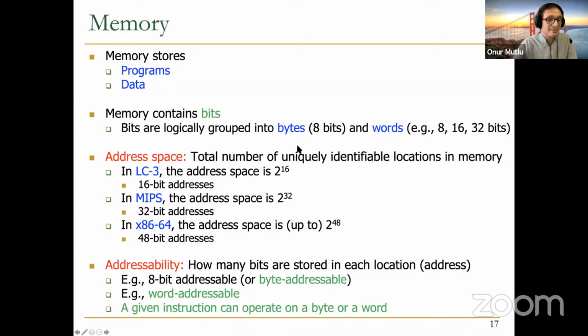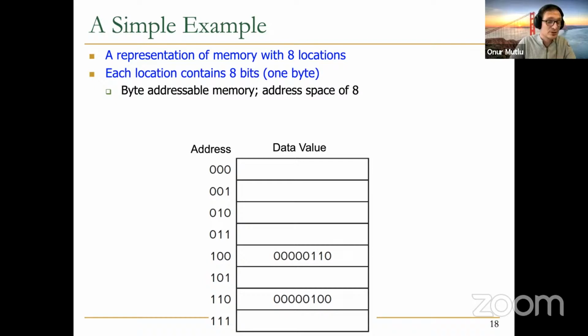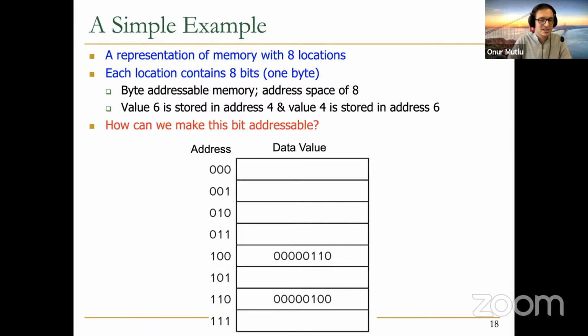So address space can be specified as 2 to the 16, for example. That means 16-bit addresses. So the 16 bits over here is the size of your address, but your address space is 2 to the power of the size of your address. Hopefully that's clear. In this case, for example, address space is 8 locations, since this is byte addressable, and each address is 3 bits. So address space is 2 to the 3 locations.